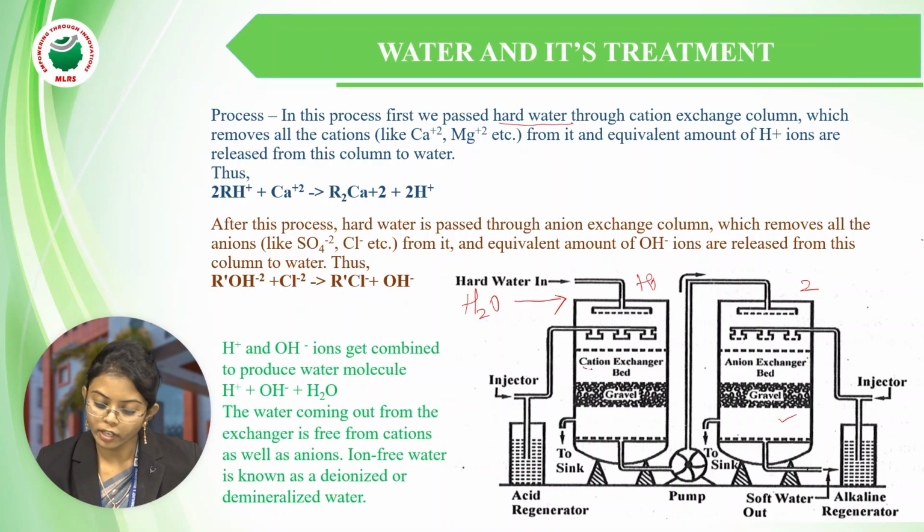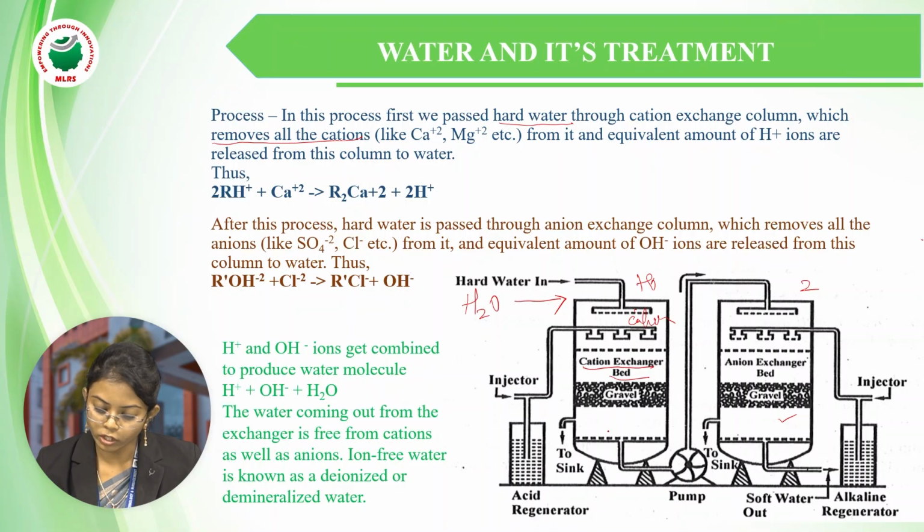But what the cation exchanger bed will do, this cation exchanger is capable of exchanging only the cations. So the water which entered through the inlet to the cation exchanger, there it removes all the cations.